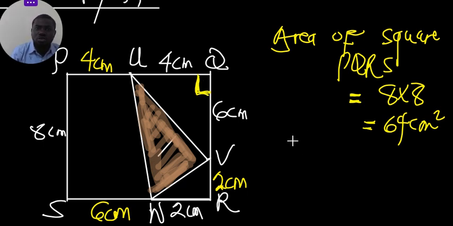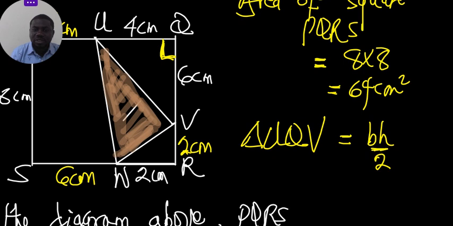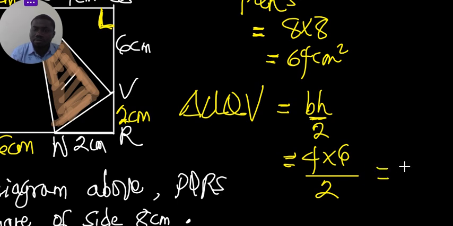So area of triangle UQV is half base times height, or we say base times height divided by 2. Now, since the triangle is a right angle triangle, neither the base nor the height is on the hypotenuse. So we don't need the hypotenuse. So here we have 4 times 6 divided by 2. That's 12 cm squared.